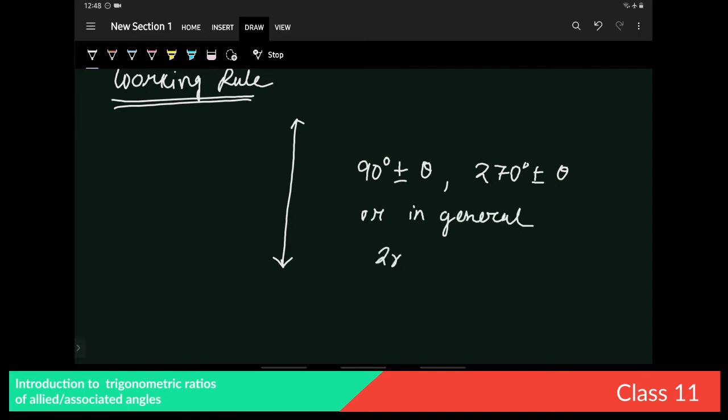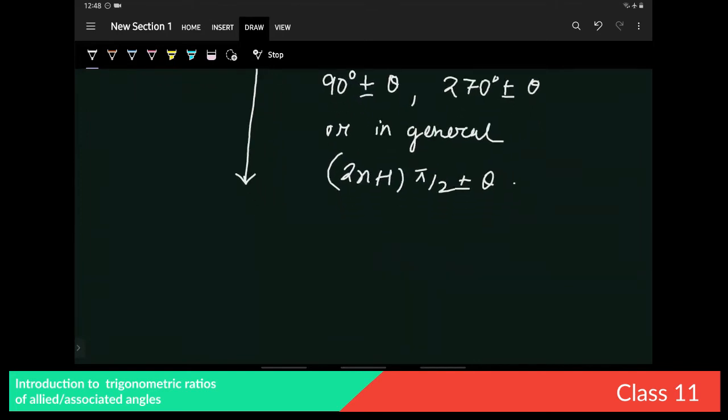it is (2n plus 1) pi by 2 plus minus theta. Then the trigonometric ratios that we are having change as follows. I am writing this once. Sine will change to cos and cos will change to sine.